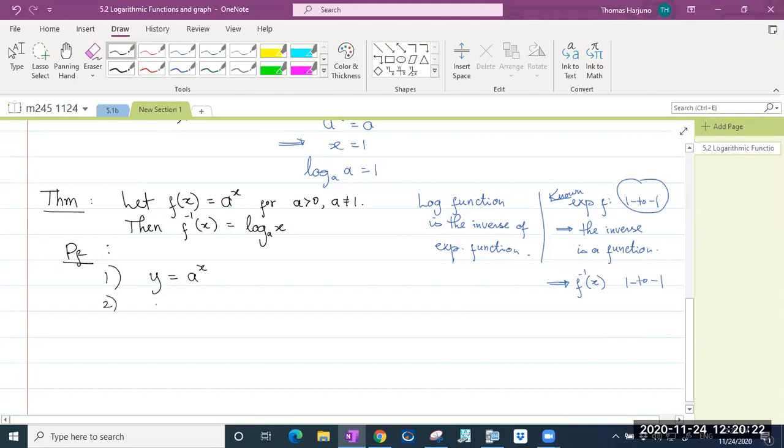Step 2, I swap, x becomes y, y becomes x. Step 3, that's exponential form. Let me change it into logarithmic form: y equals log base a of x. And step 4, f inverse of x equals log base a of x.